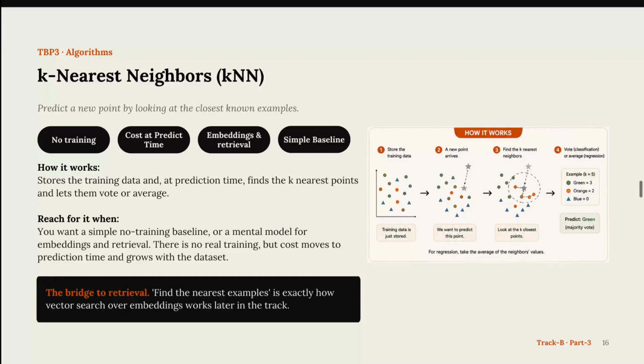So to identify those patterns, typically what we do is we do a clustering or identify the nearest neighbors. Yeah, so what k nearest neighbors does is store the training data and at prediction time find the k nearest points and let them vote or average. Yeah, it'll find the k nearest points to a given point, and that's how the k nearest neighbors calculation is done.